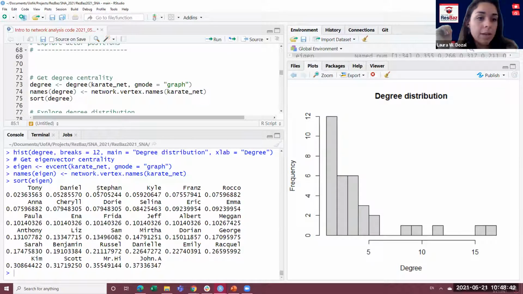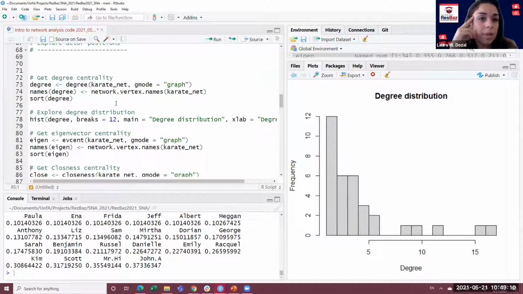Tony is last, and the other actors, I believe Frida, Ina, I forgot who else, are all more in the middle. We can see this because of Frida and Ina's connections, who they were connected to before, bumped their eigenvector centrality up a little bit.